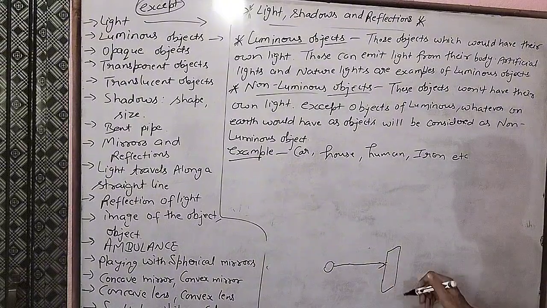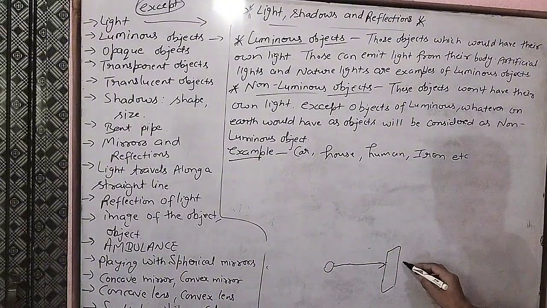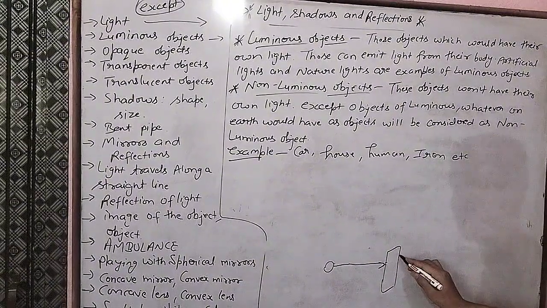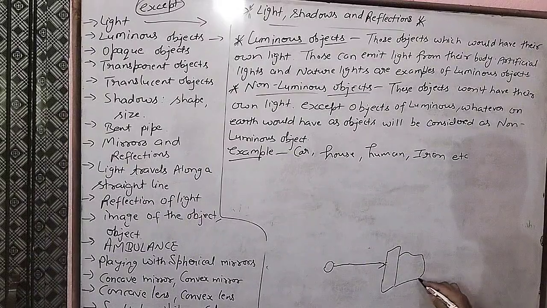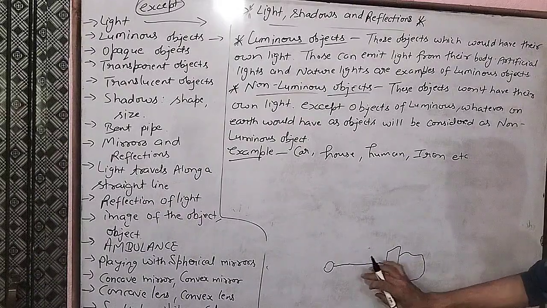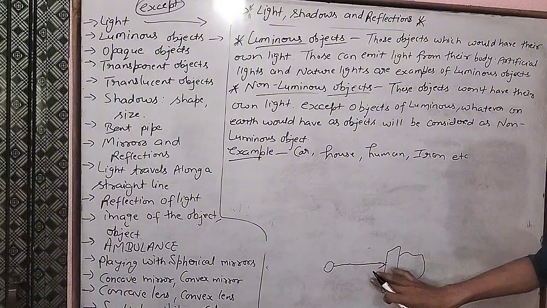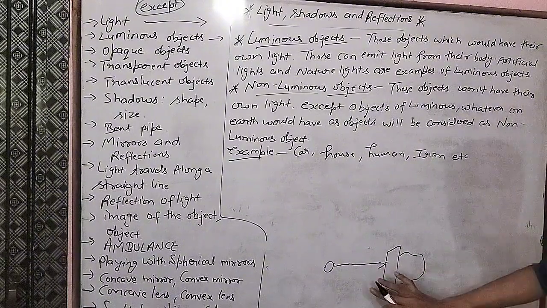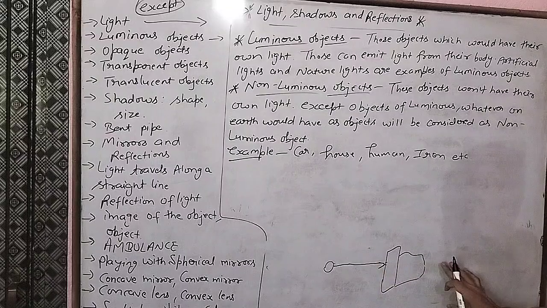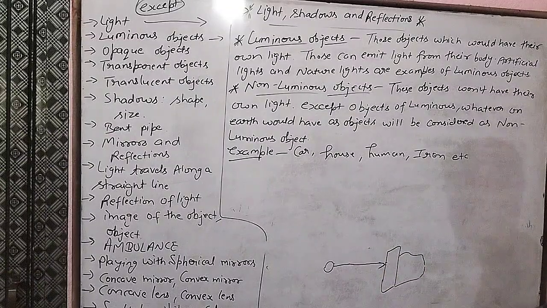That's why we see behind this object the shadow of this object. Why are we looking at the shadow of this object? Because light is not crossing through the object. If light were to cross through this object, then we wouldn't see a shadow of this object. This object won't be known as opaque.